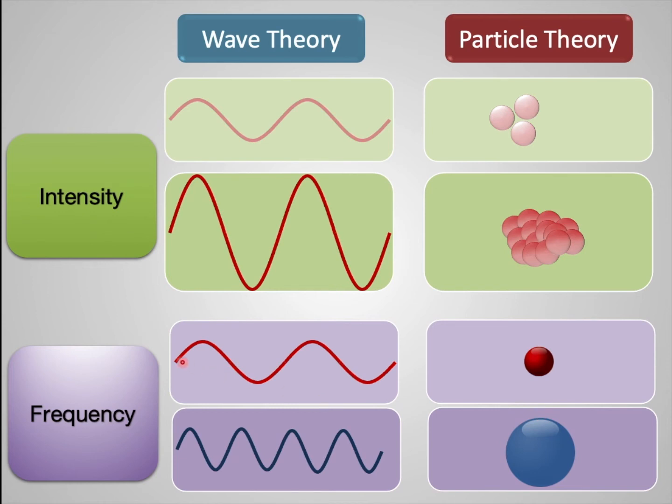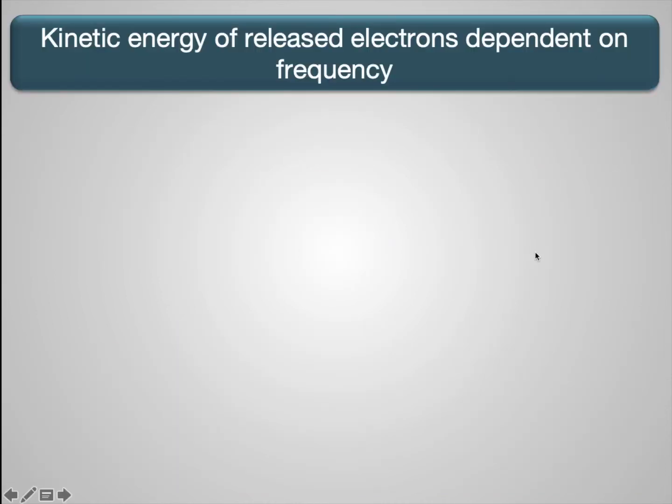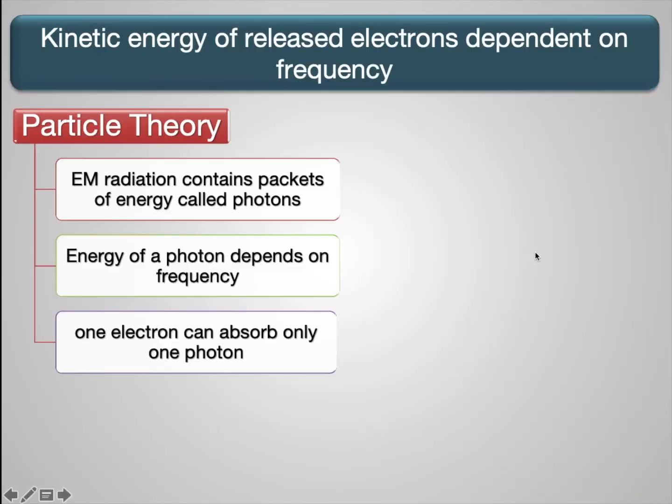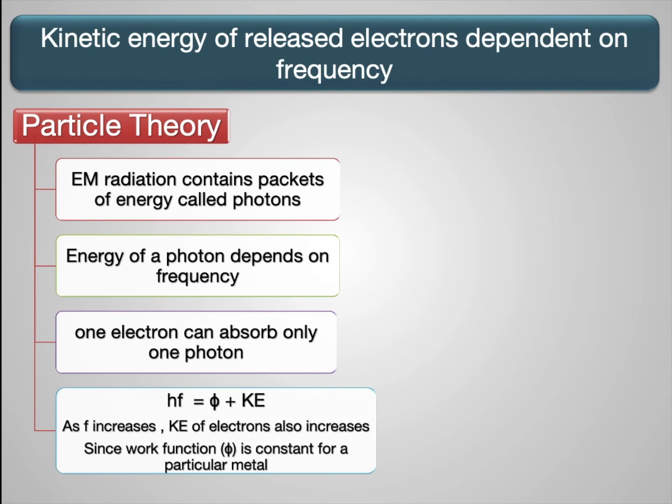But wave theory says when you increase the frequency, the energy of each wave doesn't change. The only thing happening is more waves are coming now. So that will result in the emission of more electrons. What we observed is the kinetic energy increases as the frequency increases, because Einstein's equation says as the frequency increases, the kinetic energy should increase, since the work function is a constant for a particular metal.